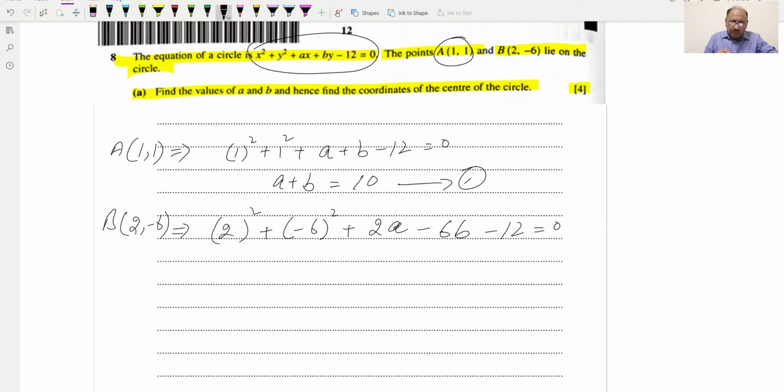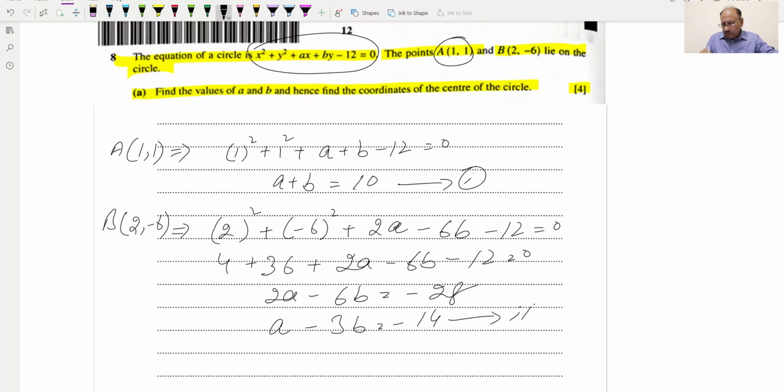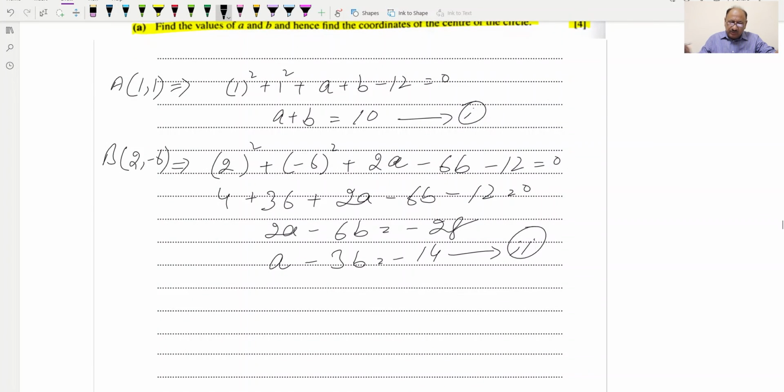If we simplify this equation, this will be 4 plus 36 plus 2A minus 6B minus 12 is equal to 0, and this implies 2A minus 6B is equal to minus 28. We can divide it by 2 and we'll get A minus 3B is equal to minus 14, and this is our equation 2.